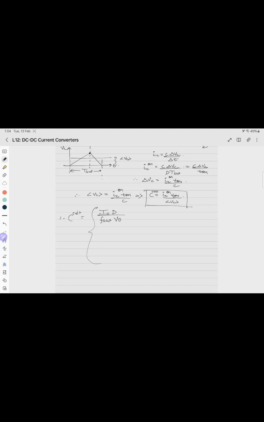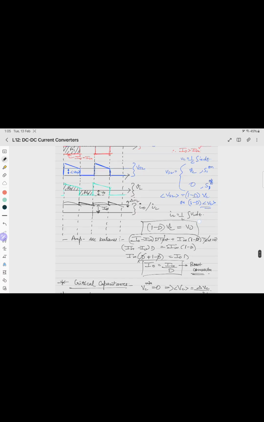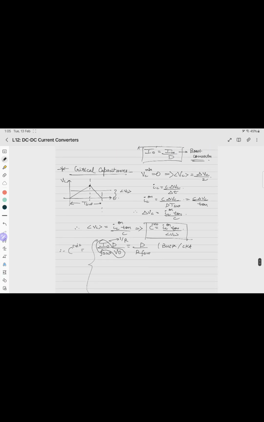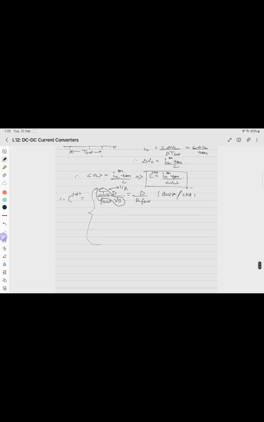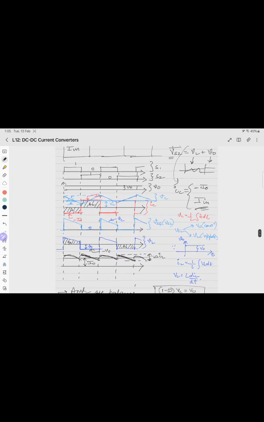So here it is for the buck converter. But I0 by V0 is 1 by R. So it is D by R into F switching, because I0 by V0 is 1 by R. So this is for buck, or circuit 1.